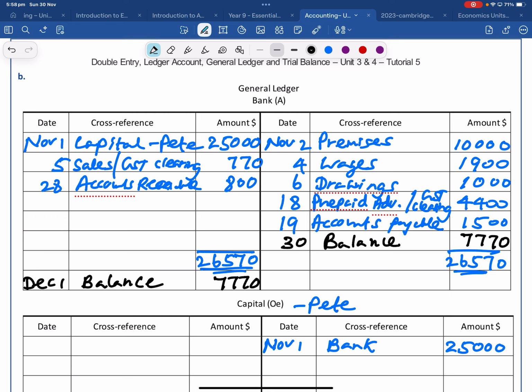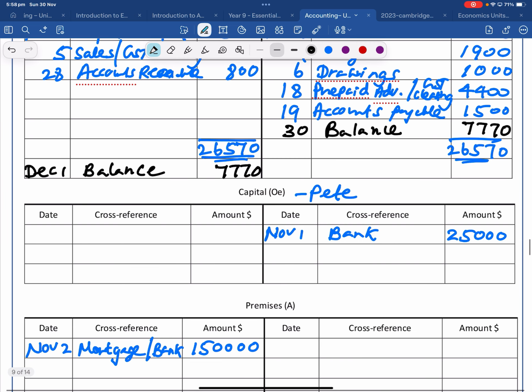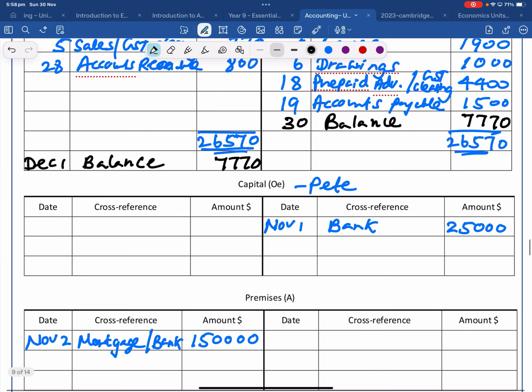So what's the other way around? Yes. Would it be like bank overdraft? Bank overdraft. Meaning our credit side is higher. In other words, we have paid more money than received. Okay. So then, let's balance the rest as well.